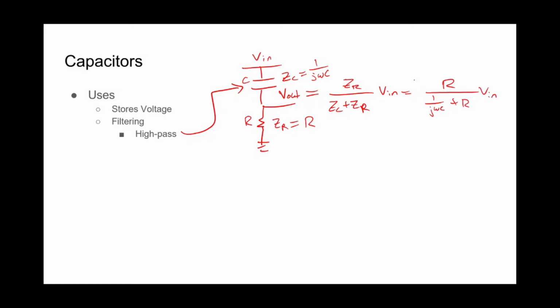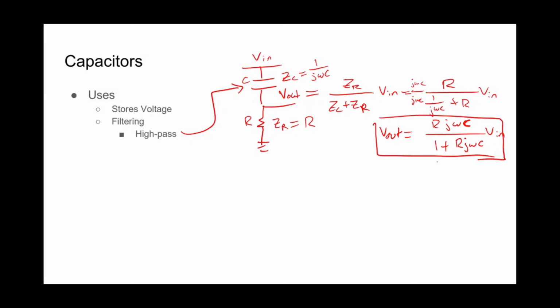Now if we multiply the top and bottom by j omega C, something magical happens, and we get R times j omega C over 1 plus R times j omega C, times V in. And this is equal to V out. Let me make sure I did that right. Yep, that all looks good. So here's our equation for a high pass filter.